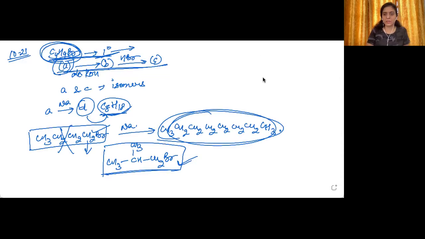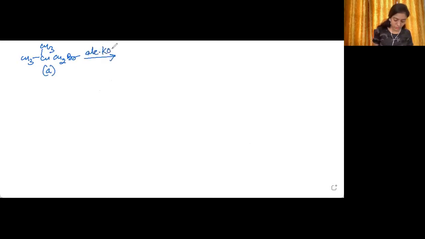So now it has become very simple because we have found which compound it is. Okay, so (CH3)2CHCH2Br. This is A. Now we are reacting it with alcoholic KOH.